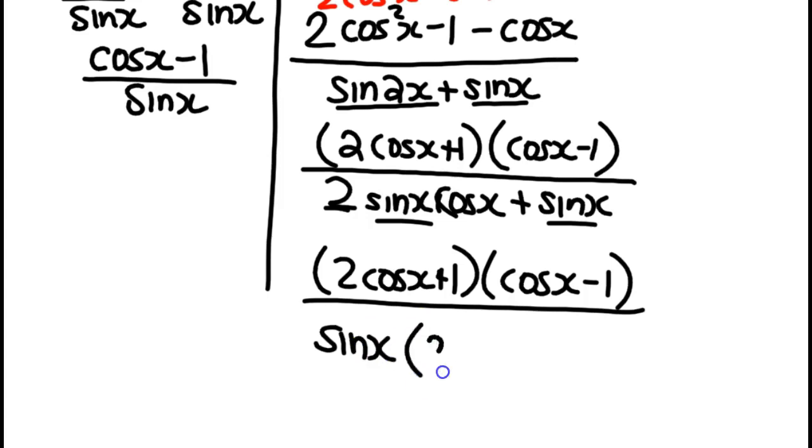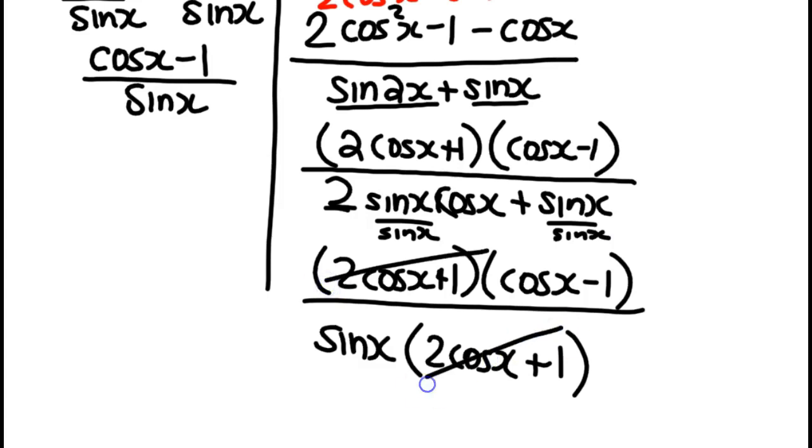So then that would leave me with a 2 cos x plus 1 because I divided by sine x here and by sine x here. Sine divided by sine is 1. Okay, now you'll notice we have a 2 cos x plus 1 on the top and on the bottom. So we can cross those guys off.